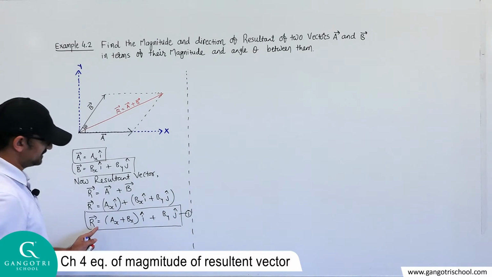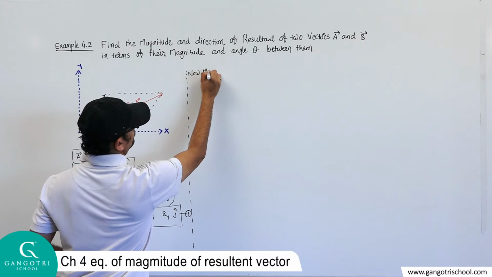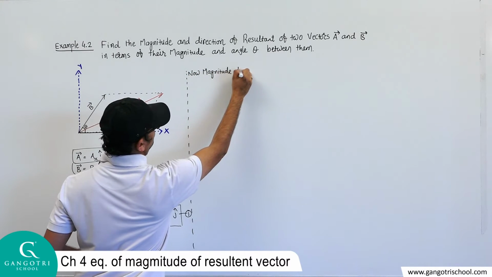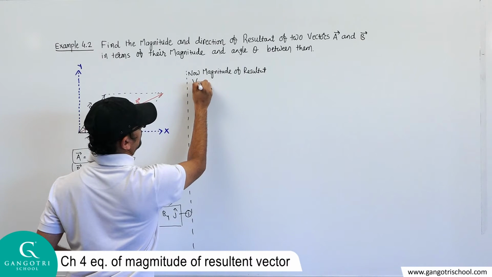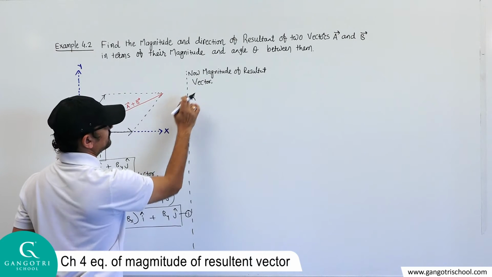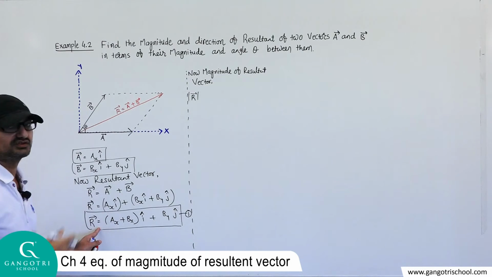This is our resultant vector, and now the magnitude of the resultant vector. Magnitude means you can write only R without an arrow, or you can write in mod also. So this is the magnitude.